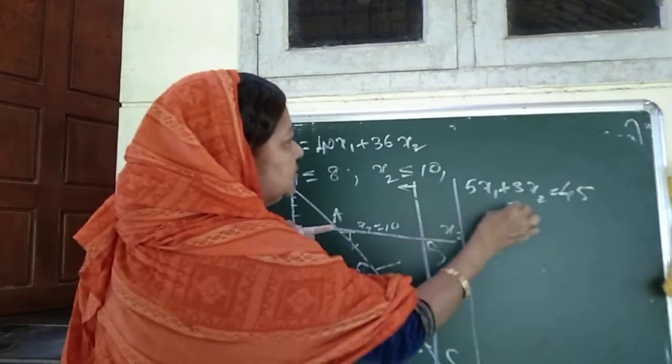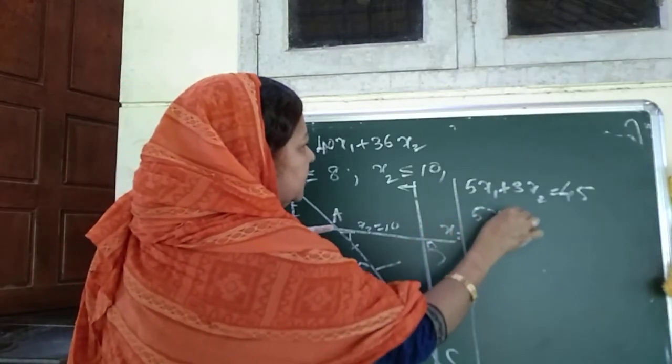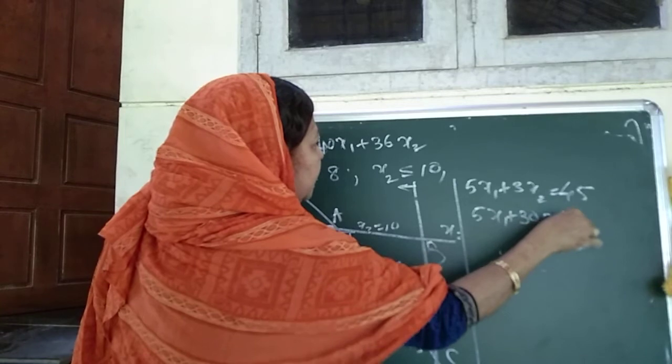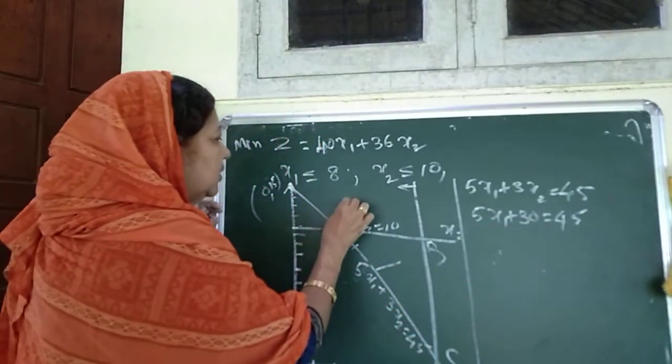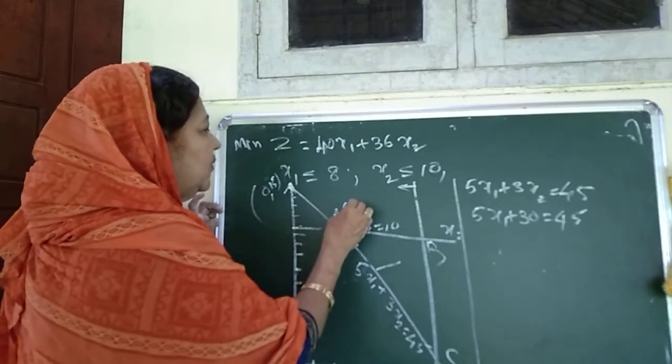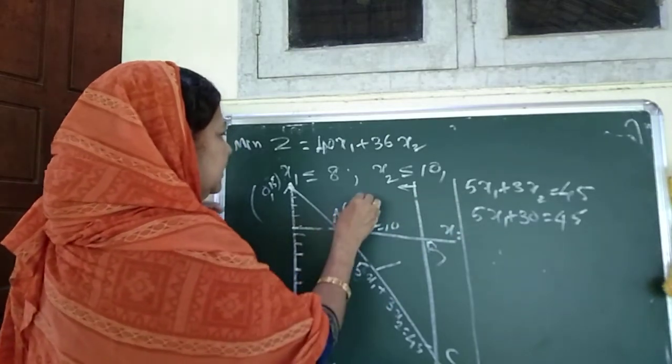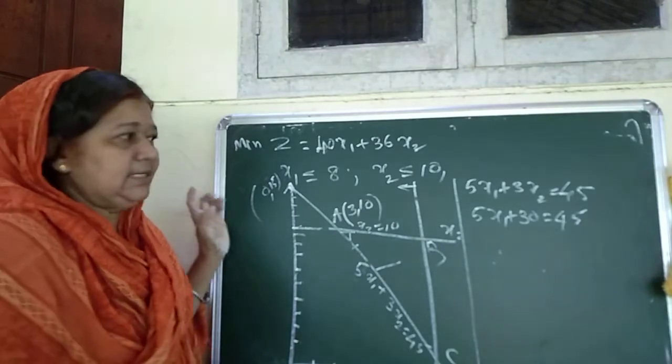With x2 equal to 10, we have 5x1 plus 30 equal to 45. That is 5x1 equal to 15, that is x1 equal to 3. Therefore, A is the point 3, 10.